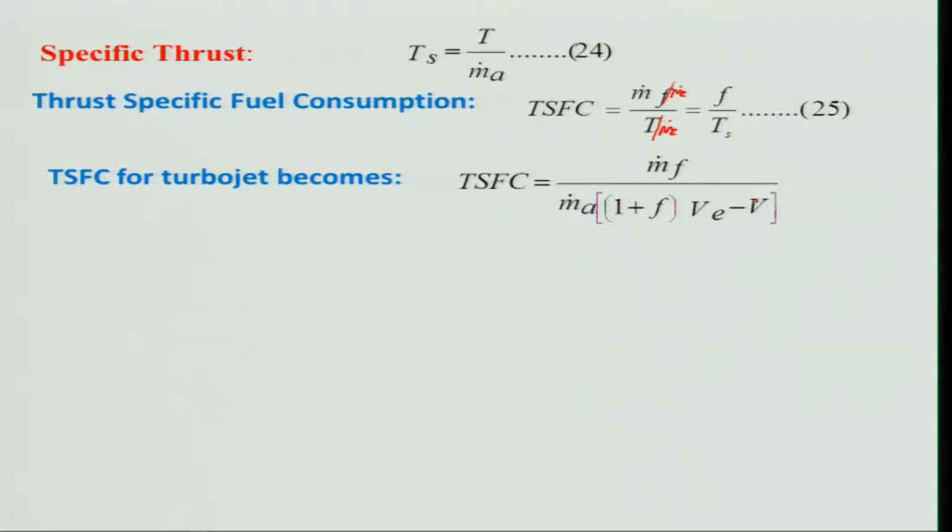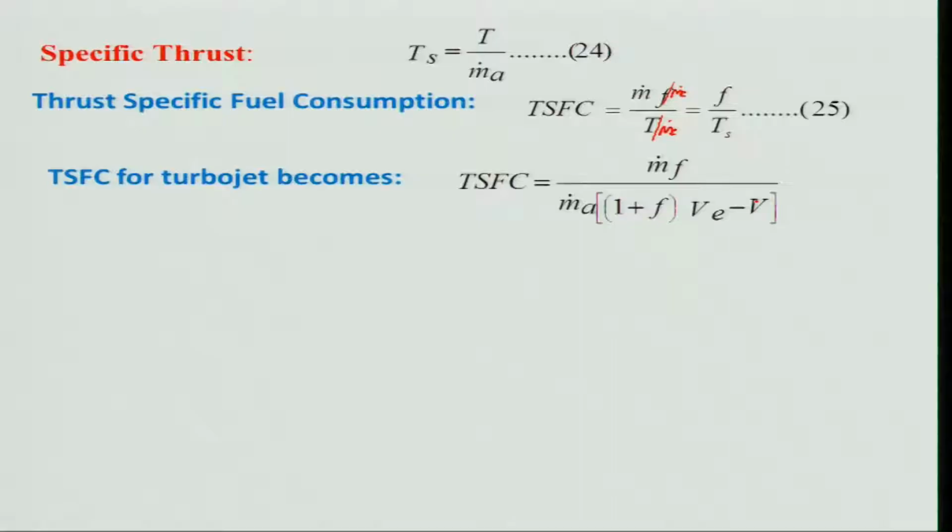And what you could see here is that the flight velocity comes into the picture, right. That means this thrust specific fuel consumption will be dependent not only on the jet velocity, but also on the flight velocity, right, and that is also true for your automobile, right.